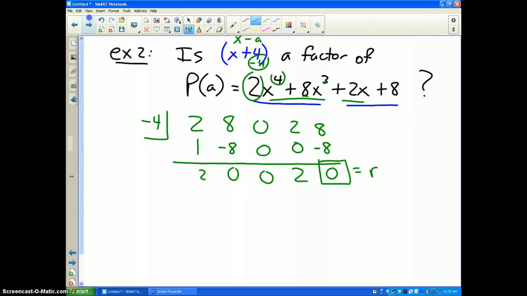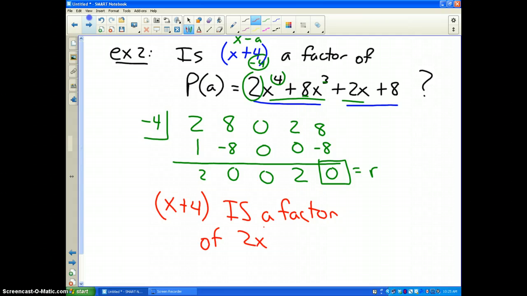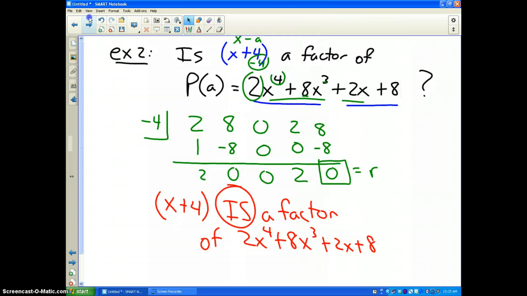Therefore, from the theorem I said earlier, you can conclude that x plus 4 is a factor of our polynomial 2x to the 4th plus 8x to the 3rd plus 2x plus 8. It is a factor. Try this last one on your own.